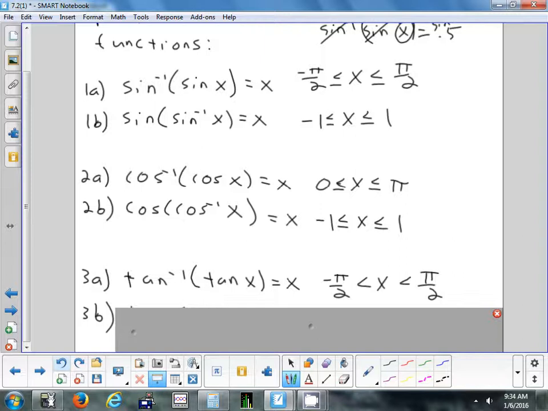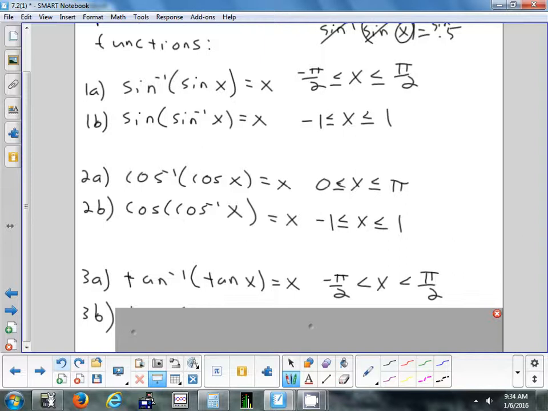We'll cross out again the tangent. Yep, these two things would cancel each other out. And the answer that you're going to get is whatever is right there, as long as your angle is between negative 90 and 90. Right, so you could try it on your calculator. Try typing in inverse tangent of 10 degrees. When you hit enter, the answer that you're going to get is 10 degrees.